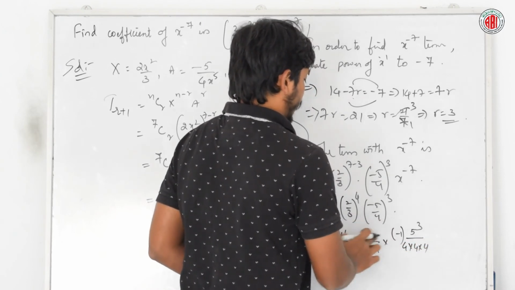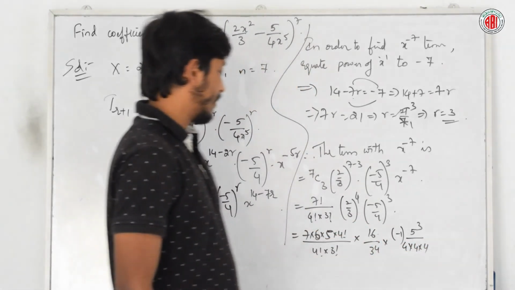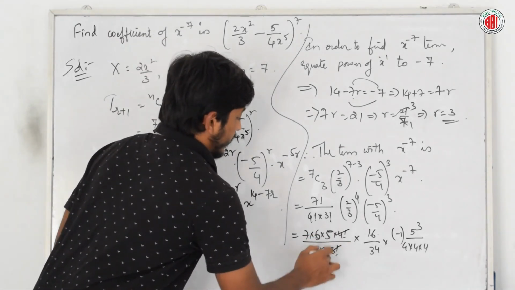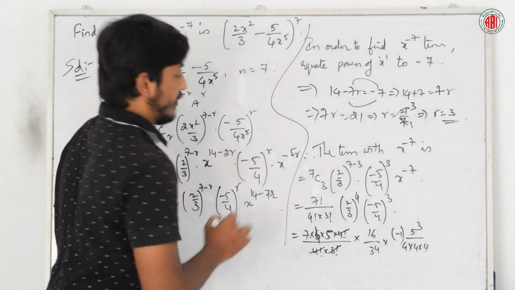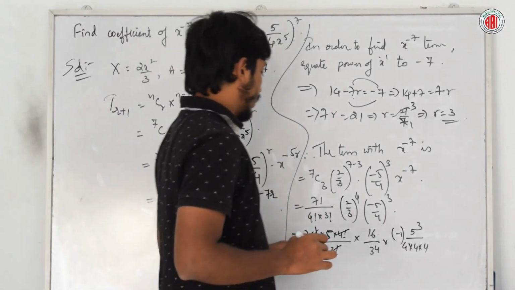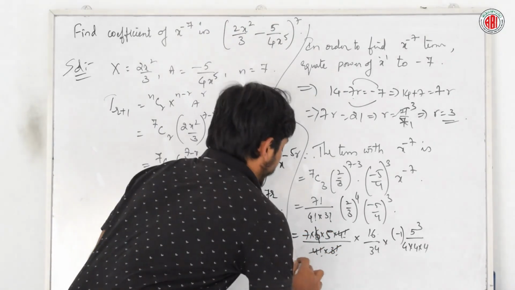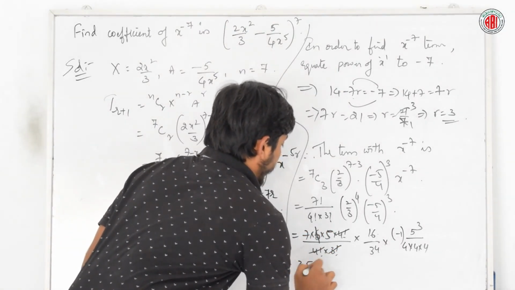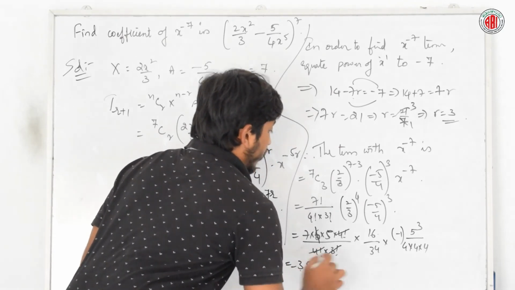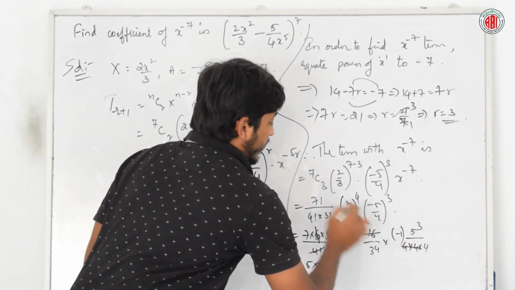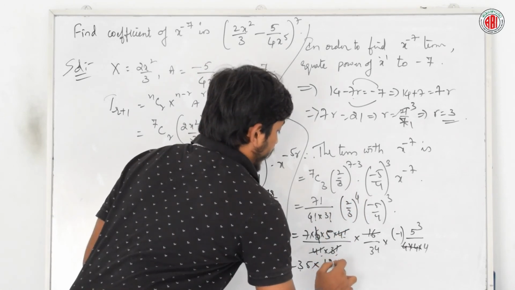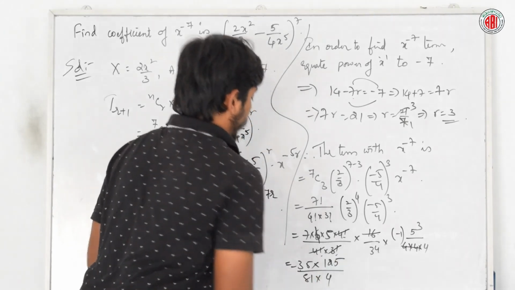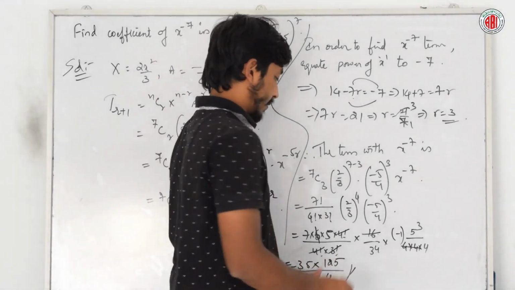Let me write 2 power 4 as 16 itself, so that we can simplify. Now just see here, 4 factorial got cancelled, 3 factorial and 6 got cancelled. So the terms left are 7 into 5 is 35, into minus 125, and 4 into 16 by 16 got cancelled. So it is minus 35 into 125 divided by 81 into 4. If you want to multiply, you can.